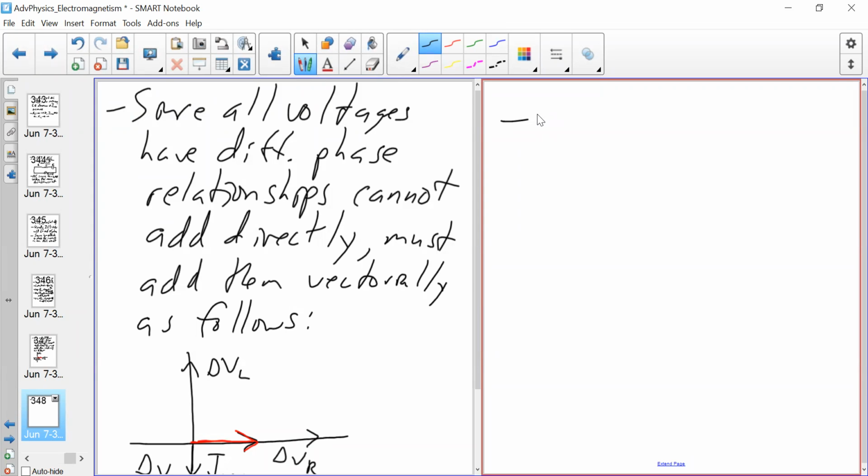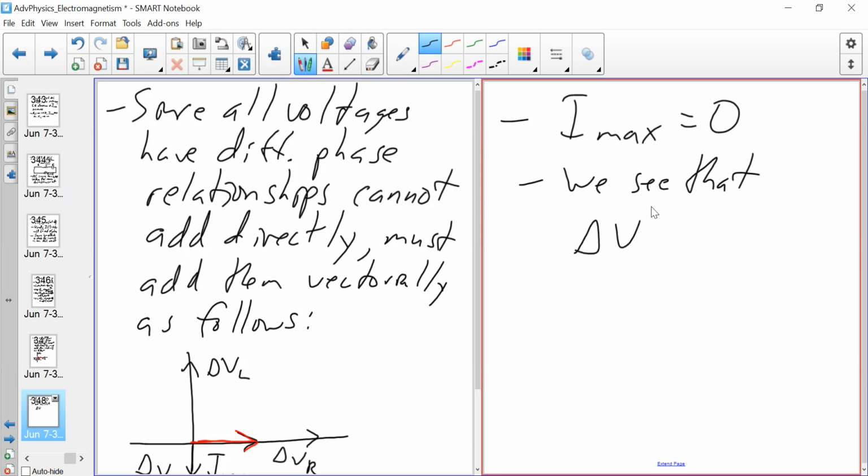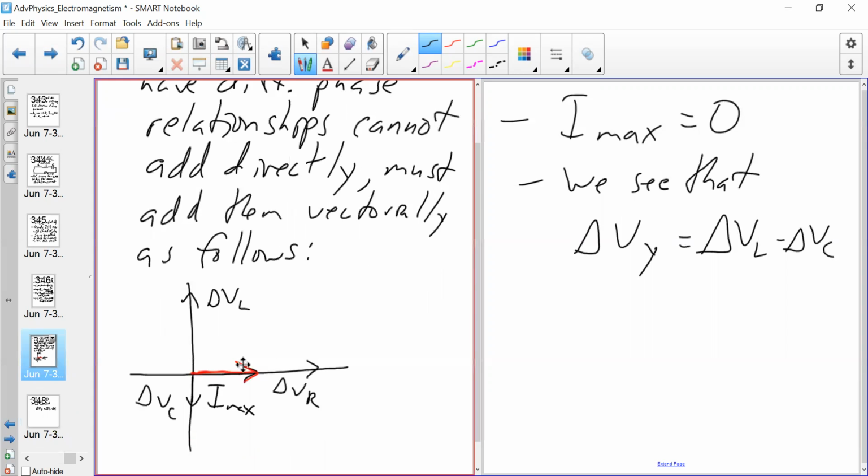So in this picture, as we can see, is a unit circle. The Imax is going to be equal to 0 for this picture. And so, this is our reference level. So we see that delta Vy, or all of the voltages on the y-axis, is going to be delta VL minus delta VC.